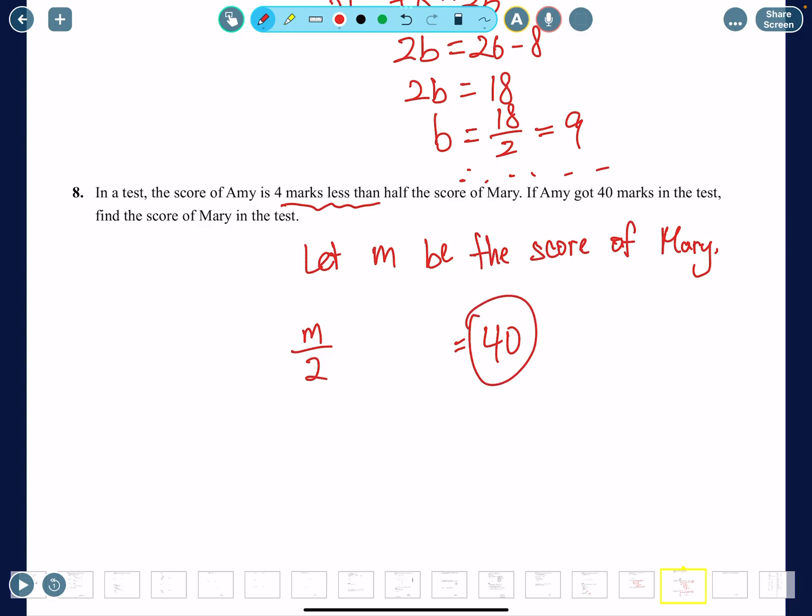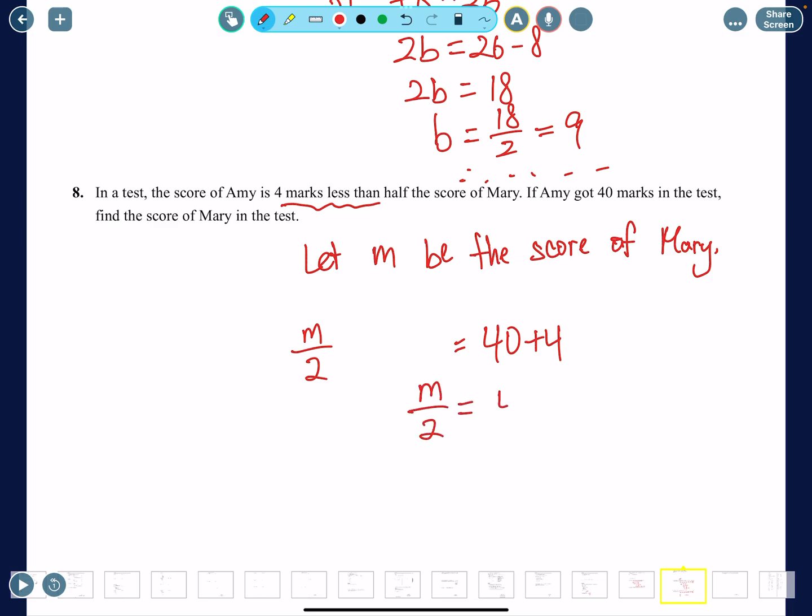So if this one is less than half the score of Mary, therefore we gotta subtract 4 from Mary's side. Okay, think about it. 4 marks less. There's another way of writing this. You can add 4 marks more to Amy so that it's gonna be equal to half the score of Mary. So we can do it that way too.